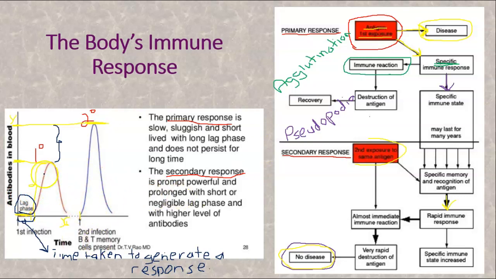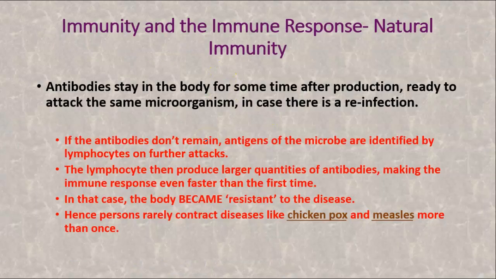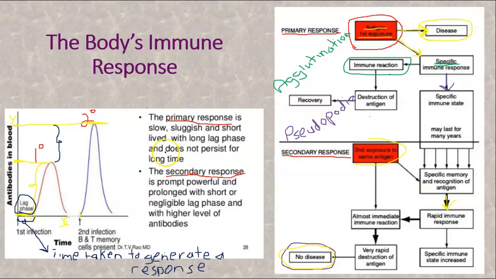So make sure you study this diagram carefully and look at the explanation on the previous slide, the explanation on the left here and the explanation on this slide. Be mindful of that, because this mechanism of natural immunity is very important.